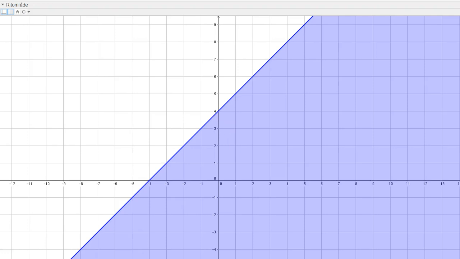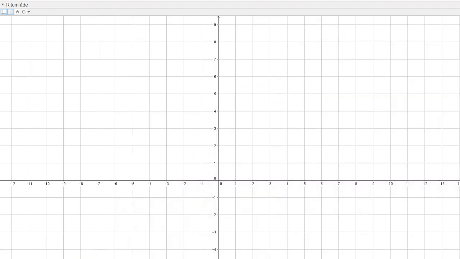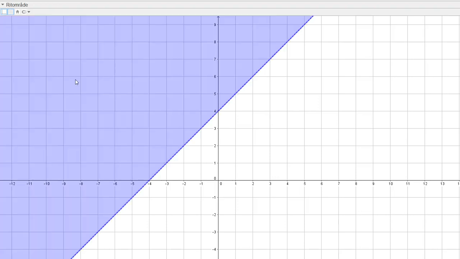The same is true when we're talking about greater than. y is greater than x plus 4. Then we're talking about the area above the line, but because it is greater than, we are talking about a broken line.